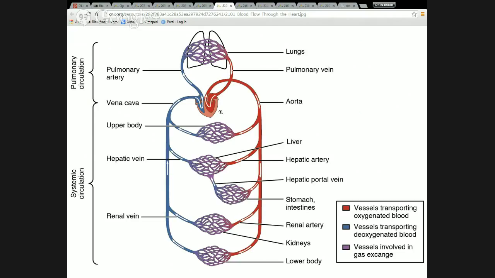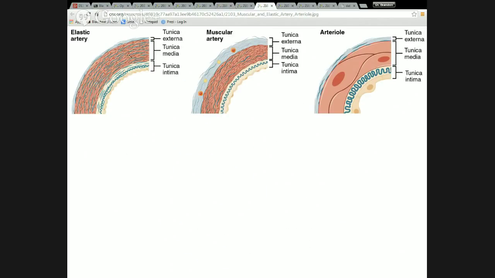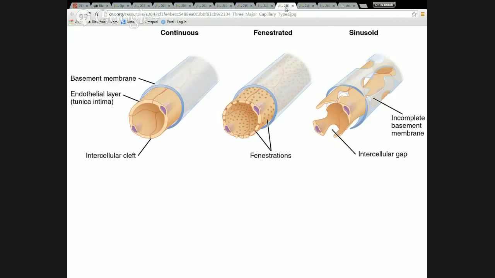But when we get into the capillary beds, depending on which organ we're talking about, we might see different types of capillaries. So while this picture is showing us 3 different types of blood vessels, that's going to be in any pathway for cardiovascular circulation, this picture is showing us 3 alternate possible types of capillaries that we might see in any particular place.